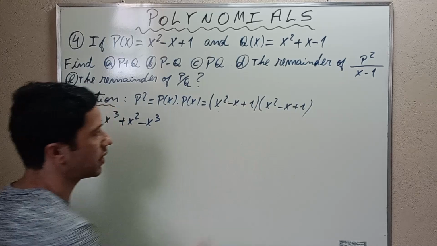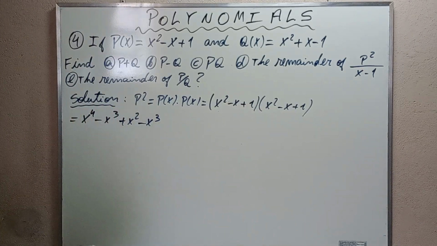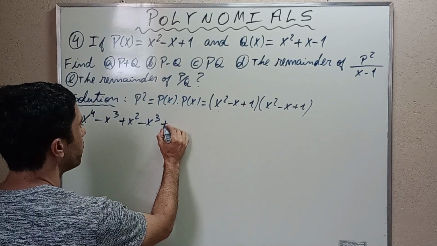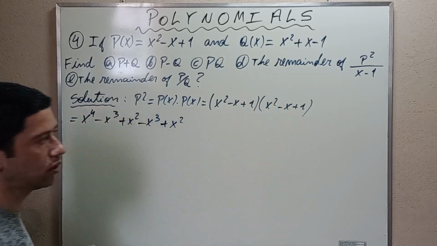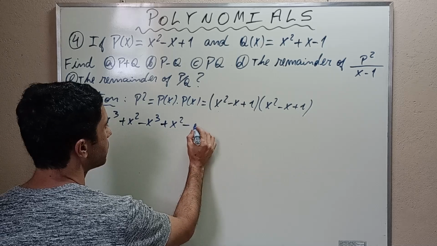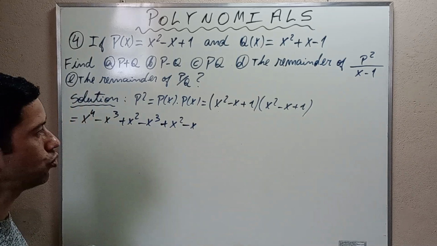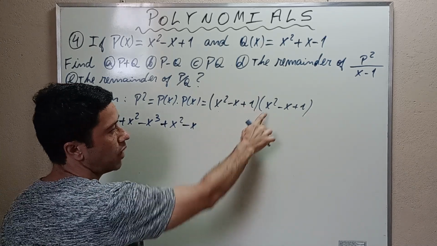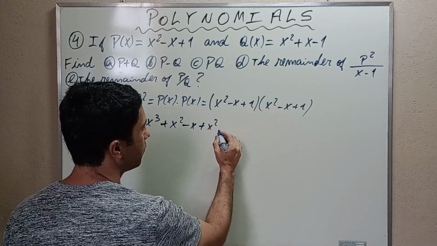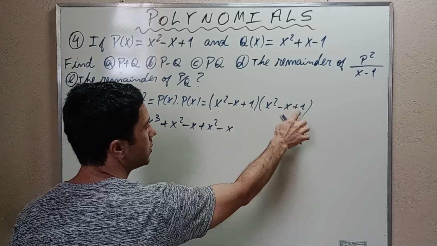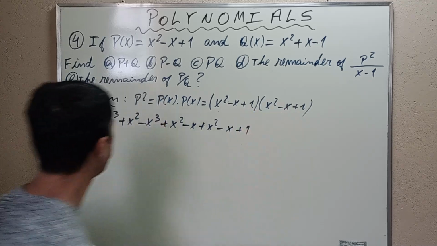Negative x times negative x is positive x squared. Negative x times 1 is negative x. Moving on to 1. 1 times x squared is x squared. 1 times negative x is negative x, and 1 times 1 is 1, okay?